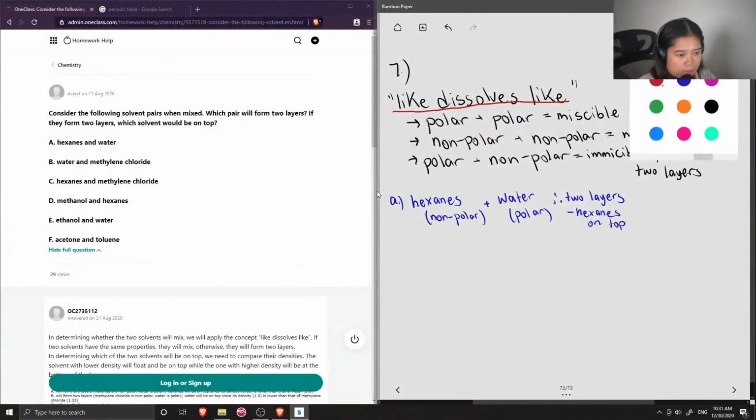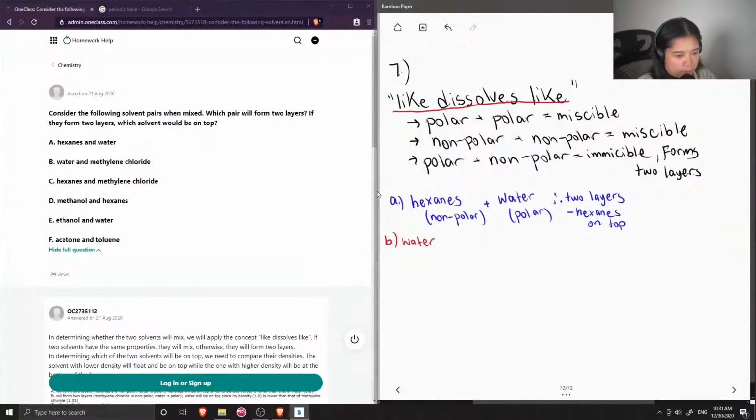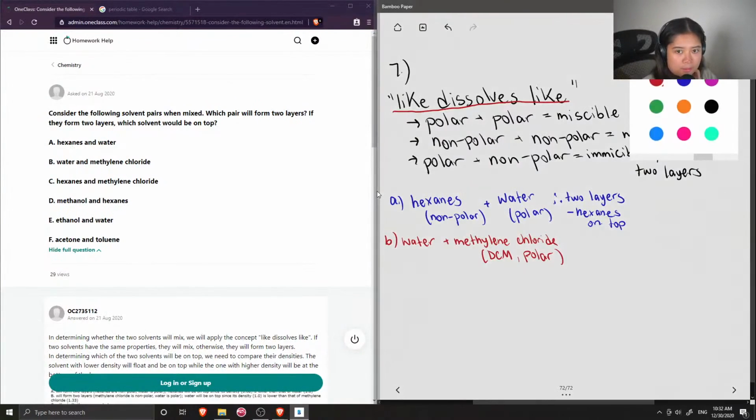Okay, so now let's look at B. Water plus methylene chloride. Methylene chloride is also known as DCM, and it's actually a polar substance. So these will dissolve. I'll just say that they'll mix.